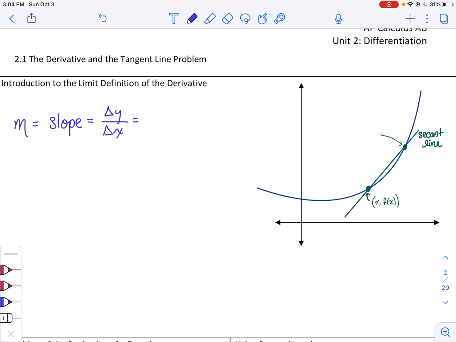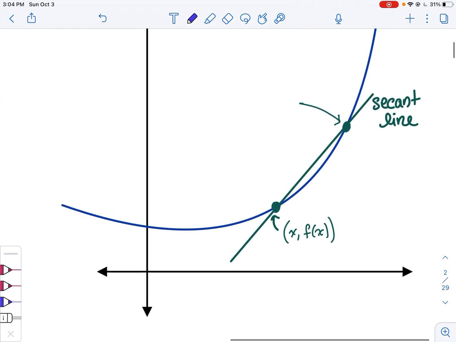All right, so if we're looking at this curve, and I have this ordered pair x comma f of x, so x comma y, and then I introduce how I'm getting to my second point. I'm moving along the x-axis, so that's going to be the change in the x values, and then I'm moving along the y-axis, so that's going to be the change in the y values.